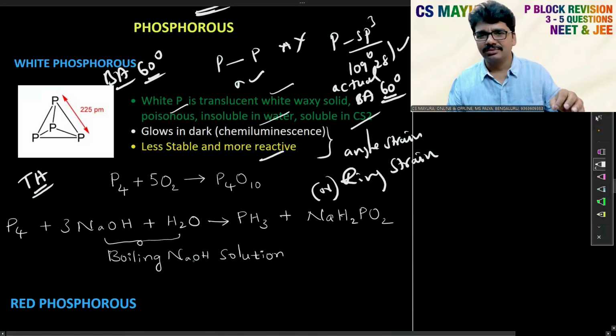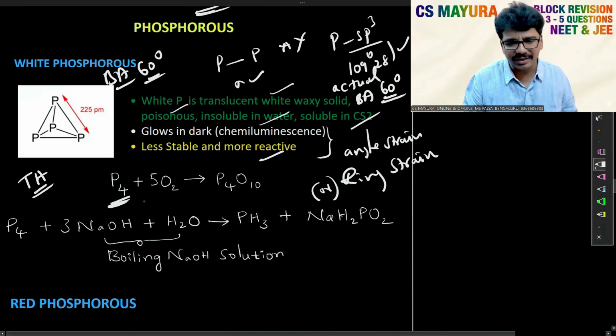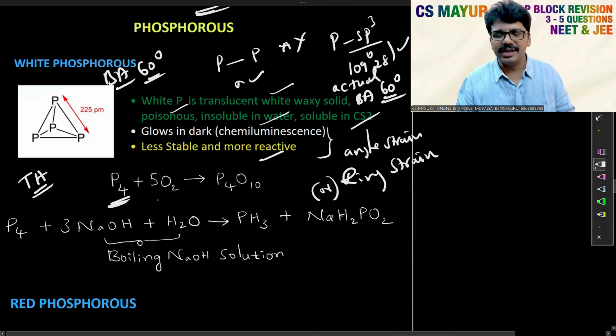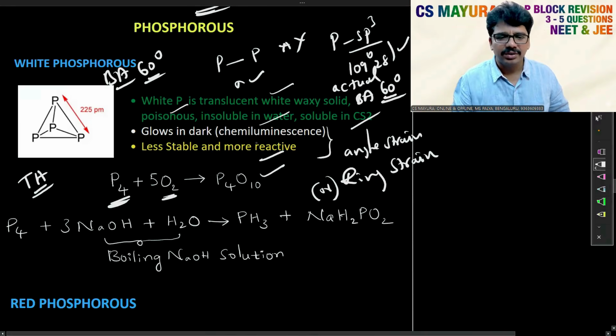How much more reactive, how much less stable? This white phosphorus at room temperature, even in the dark, reacts with oxygen and produces P4O10. In its formation, it produces some light also. It will produce the light, but it does not have heat. That is called chemiluminescence. Some years back, many people thought that this light was a ghost.